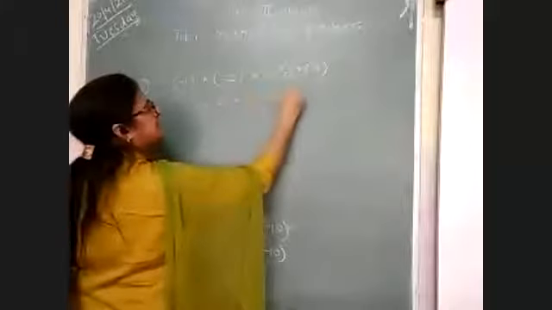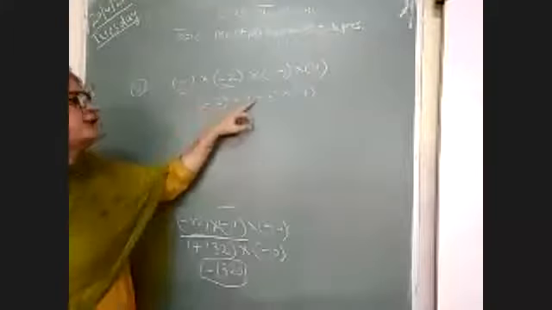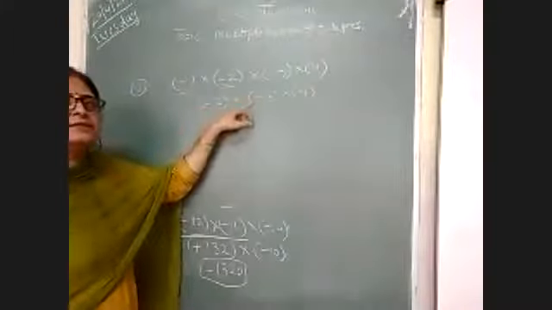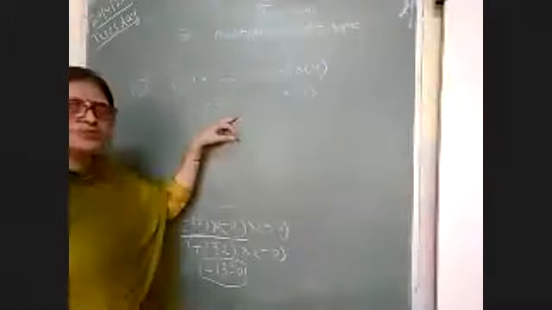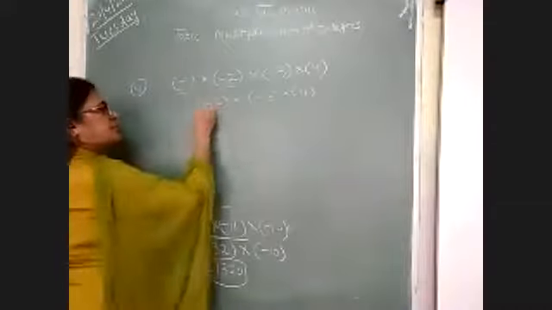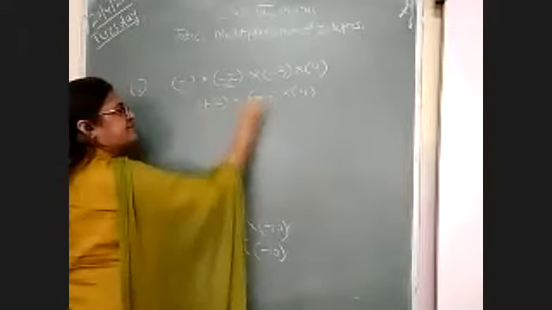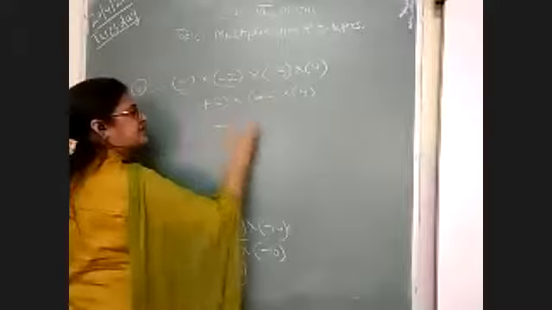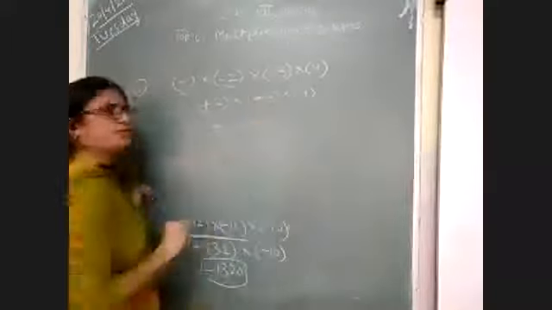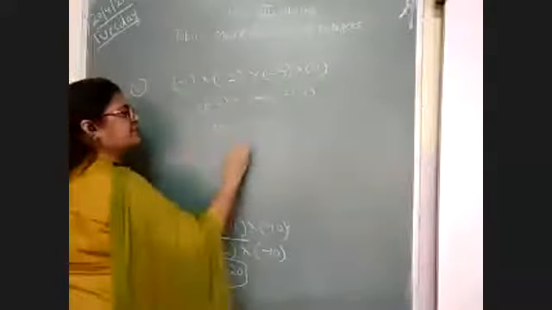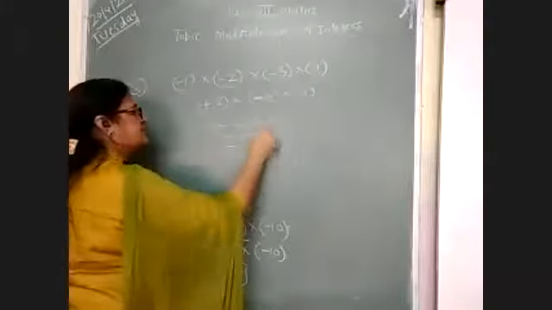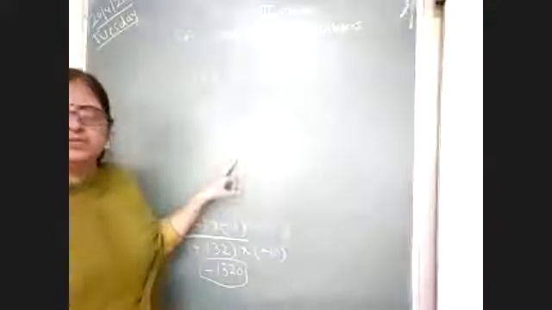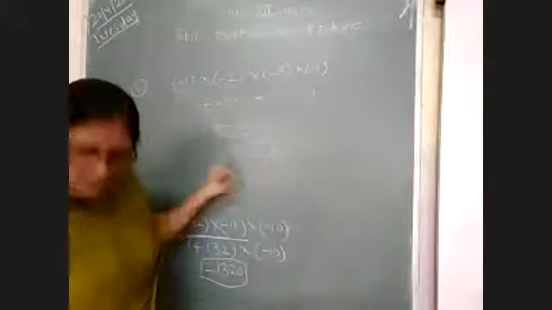Then -3 into +4. Okay. So plus multiplied by minus, one positive, one negative. Now I am taking the first two. Positive multiplied by negative, the result is minus. 2 threes are 6 multiplied by 4. So minus multiplied by positive, the result is negative. So the total answer in this question is -24. Okay.